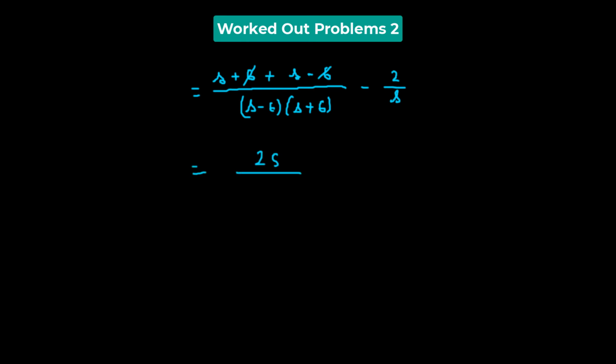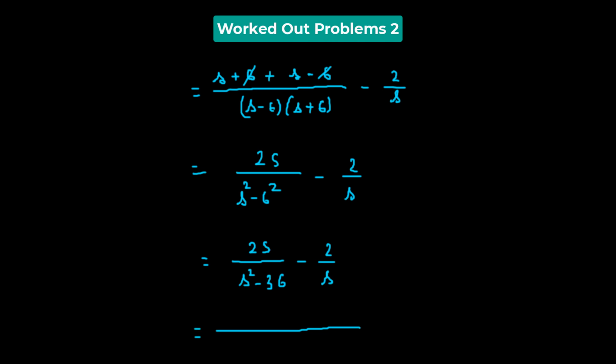2s over s minus 6 times s plus 6, so that will be s squared minus 6 squared, minus 2 over s. So we have 2s divided by s squared minus 36 minus 2 over s, which will be equal to s multiplied by s squared minus 36 in the denominator.